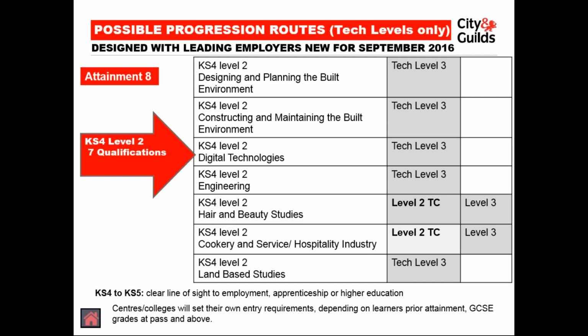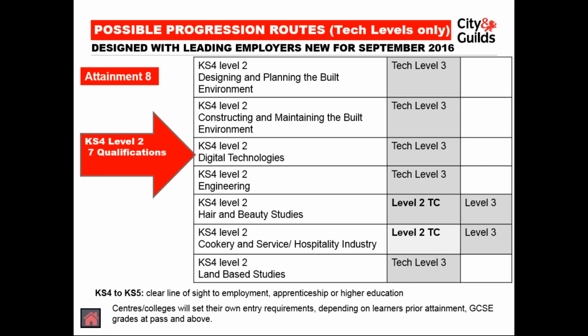To take another example, for construction or digital, it is possible for a learner to complete a technical award at Key Stage 4 level 2 and progress directly onto the technical level 3, providing it is the same title and it's a technical level and does not include very specific skills for building services.